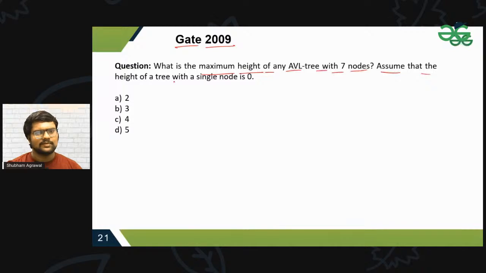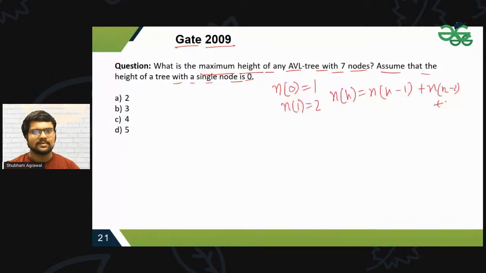Okay, so we have studied one formula previously. Here n of 0 is 1, n of 1 is 2, and for n of h, it will be n of h minus 1 plus n of h minus 2 plus 1.